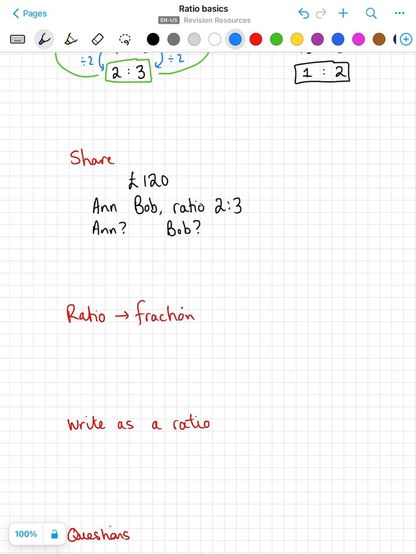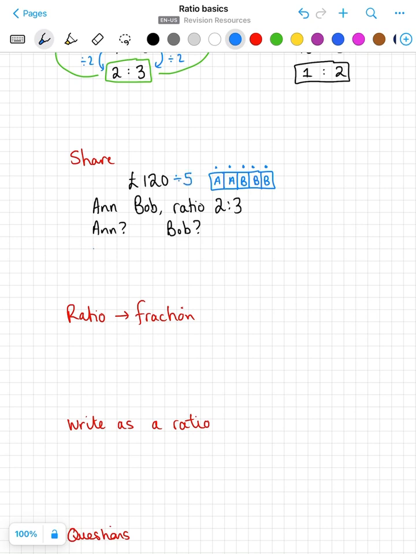Visualize this. Okay, so Anne gets 2 shares and Bob gets 3 shares. Each of those shares is equal, but they just get a different amount of those shares. So that's a total of 1, 2, 3, 4, 5 equal shares that £120 needs to be shared into.